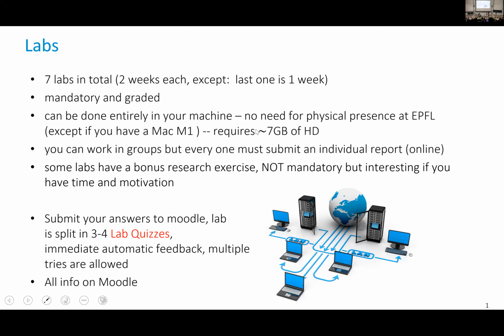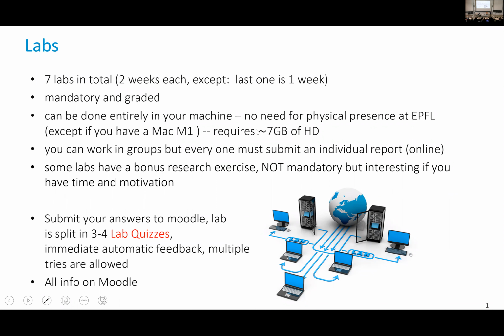The lab returns are all automated, so you don't need to fill in paper like we did in past years. We were pushed by last year's situation to make everything remote. So you will need to give your answers to the lab on Moodle in the form of 3 or 4 blocks of questions.